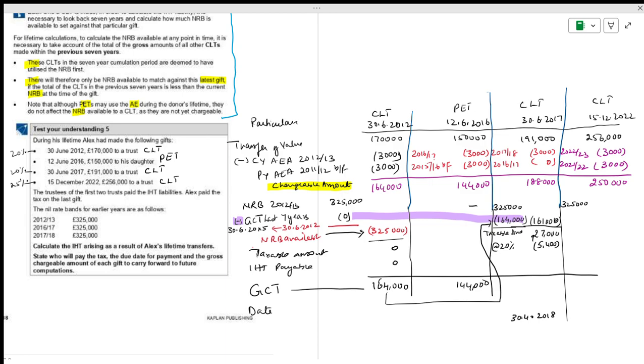But why do they consider the gross chargeable amount used in the previous gift? This is column 1, column 2. Which column do you mean? The last column, column 5.